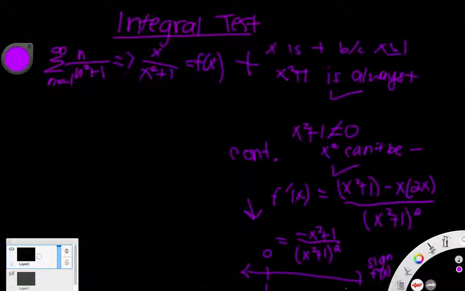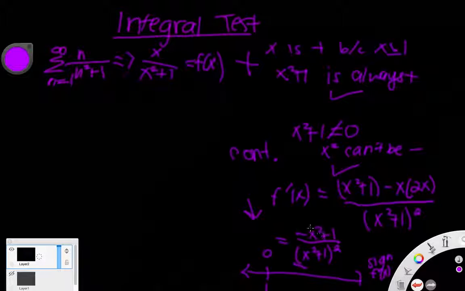But then past that, it's always going to be negative. This is because the denominator is always going to be positive, since it's a squared number. And the numerator will always be negative because x is greater than or equal to 1, but that doesn't even matter because it's x squared.